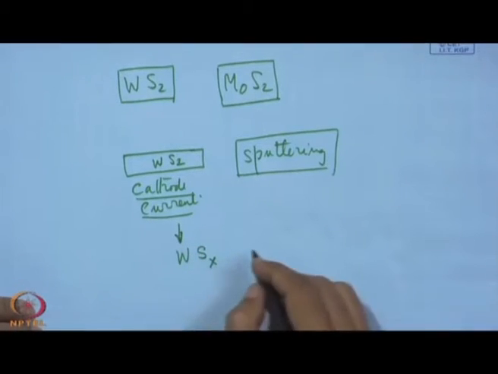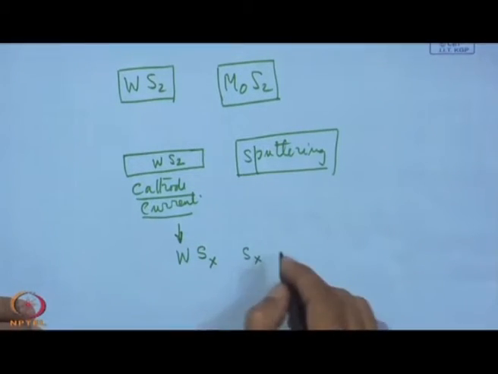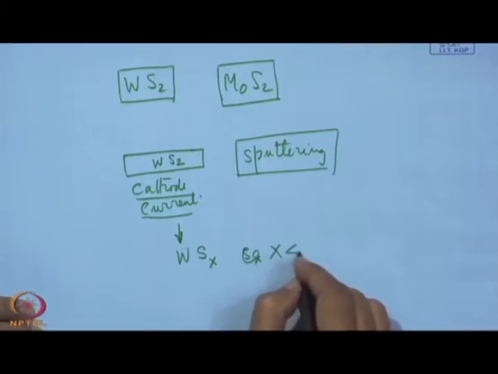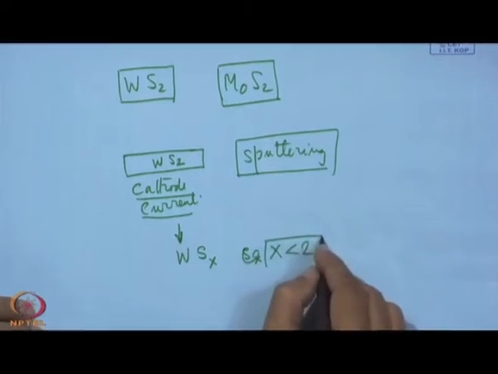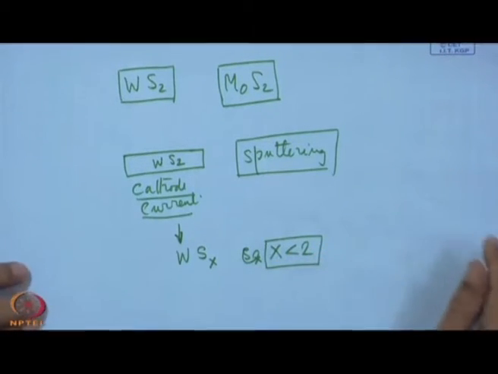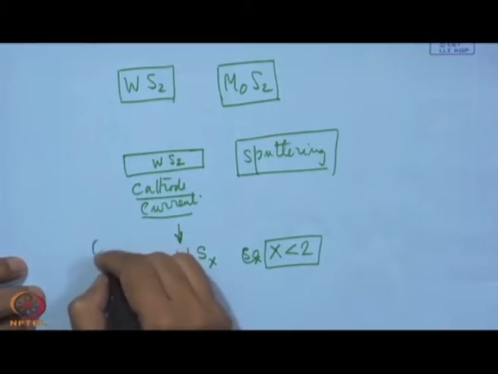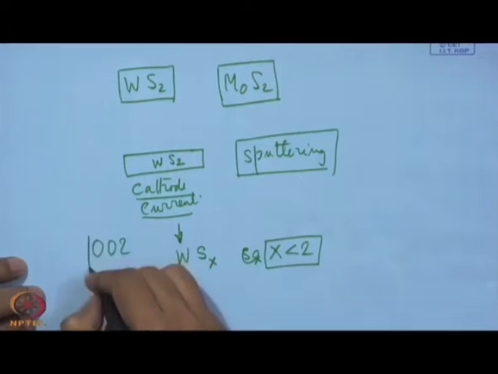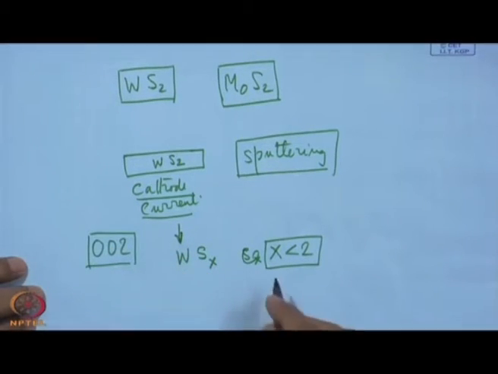So it is WSx, where x is less than 2. Now, the question is how far we can allow the value of x to go below 2. Here we have to see that if the preferable basal plane, the (0 0 2) plane, is parallel to the substrate surface, then no complication will arise.